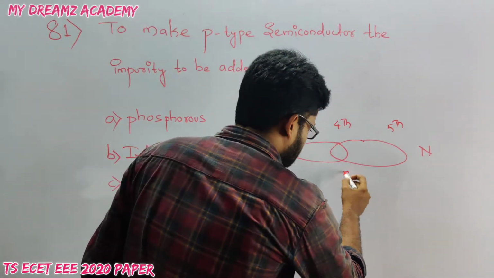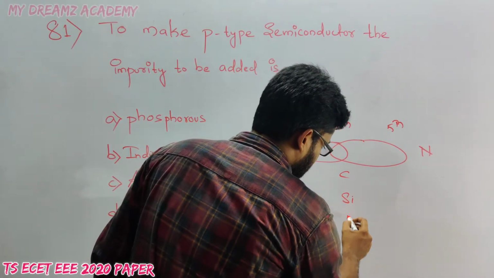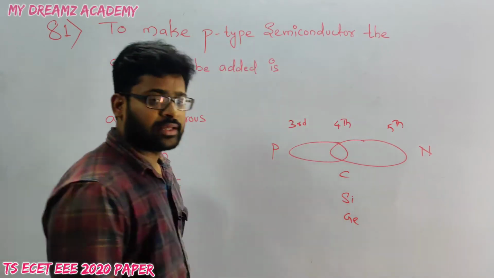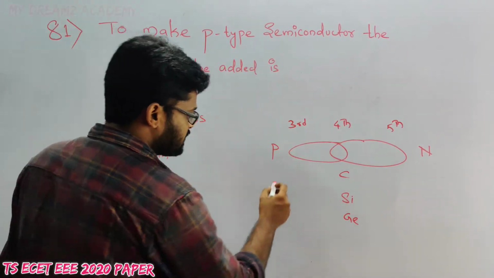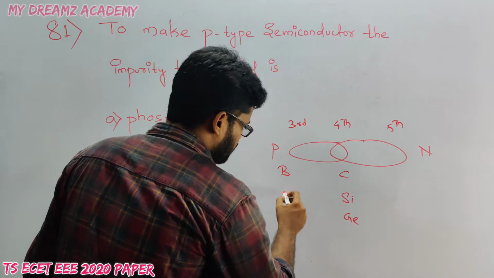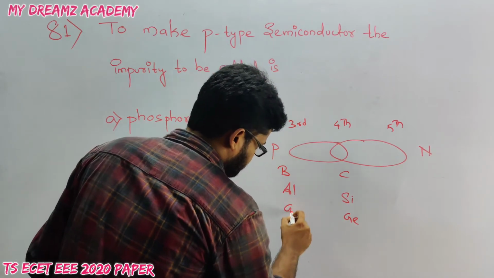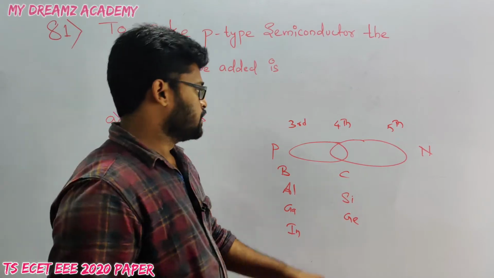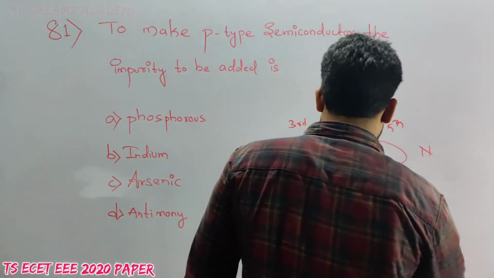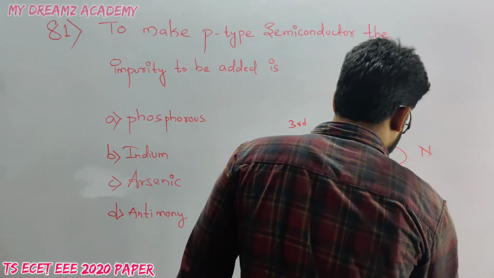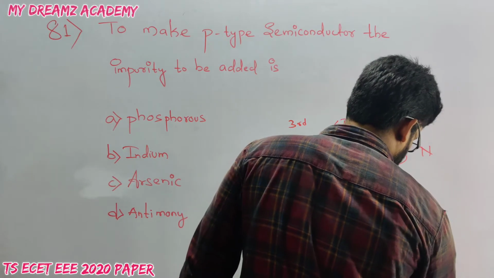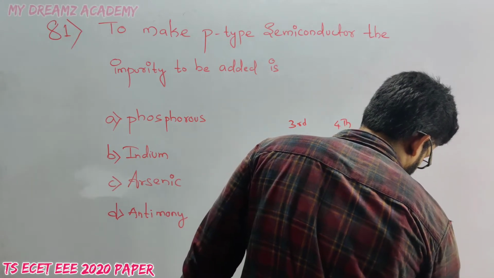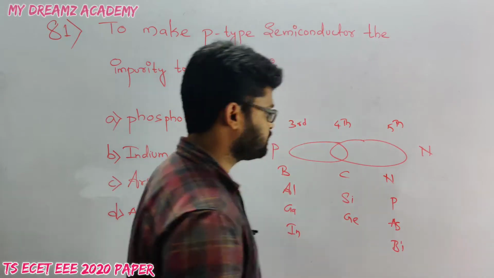Fourth group elements are carbon, silicon, germanium, and third group elements are boron, aluminium, gallium, indium. And fifth group elements are nitrogen, phosphorus, arsenic, antimony, bismuth.